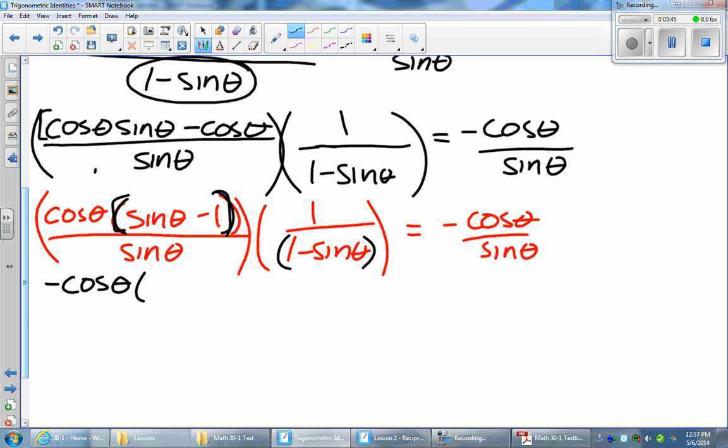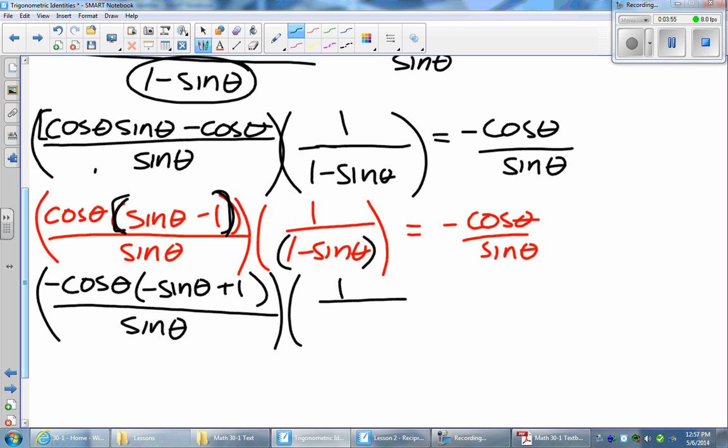So this will now become negative sine theta plus 1 all over sine theta again, and then brackets, 1 over 1 minus sine theta, is equal to negative cosine theta over sine theta.